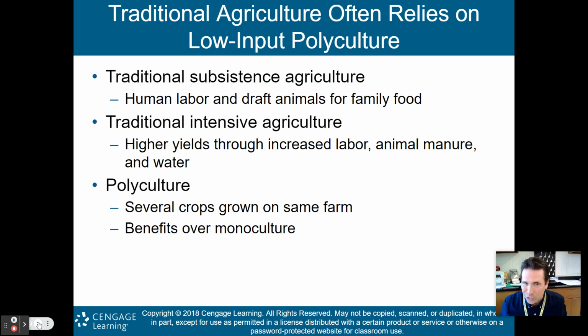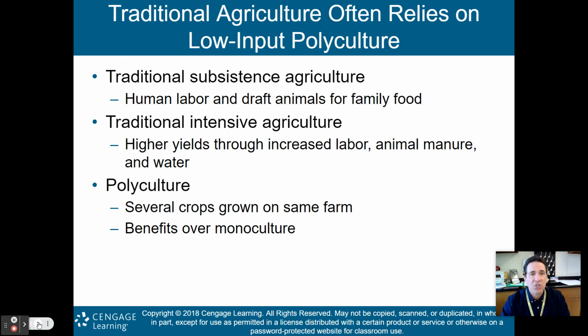Traditional agriculture, however, often relies on low input polyculture. So low input means we're not going to be using huge heavy equipment. We're not going to be using a lot of fossil fuels. We're not going to be using a lot of seed and inorganic fertilizers and pesticides. In addition, polyculture means you're going to be growing a lot of different types of crops all together, not just one type, a bunch of different types.